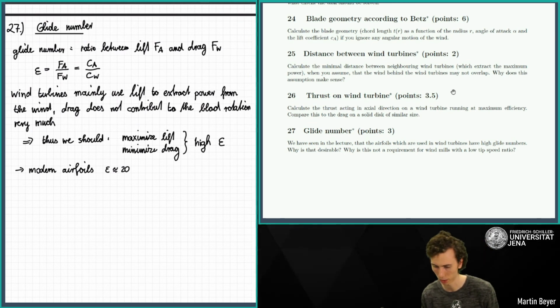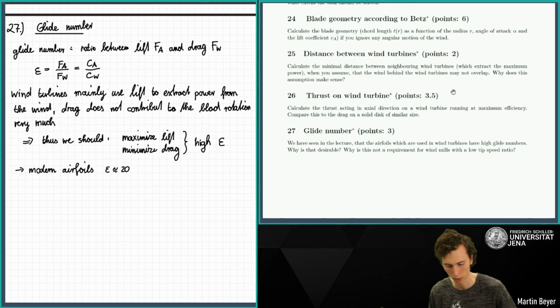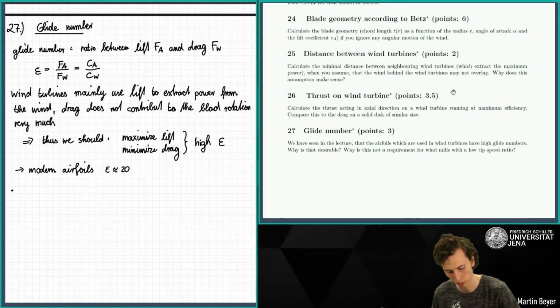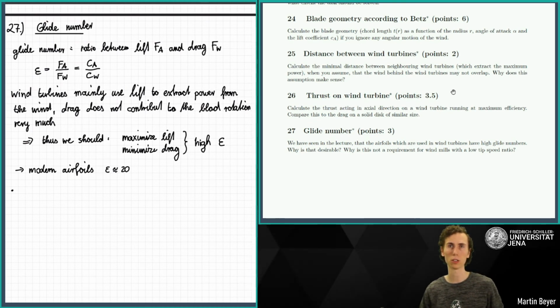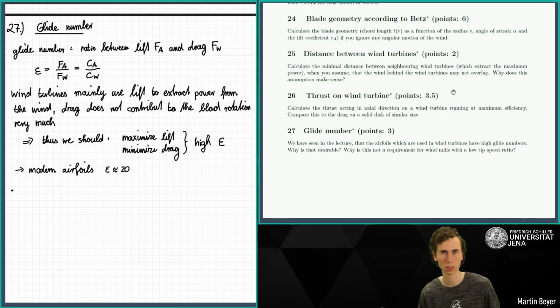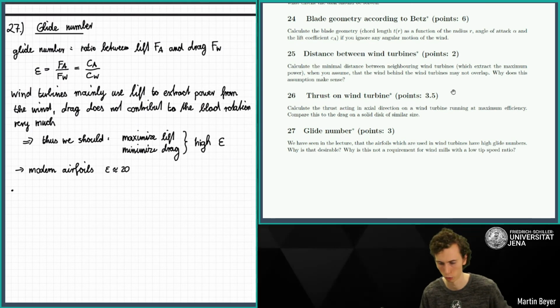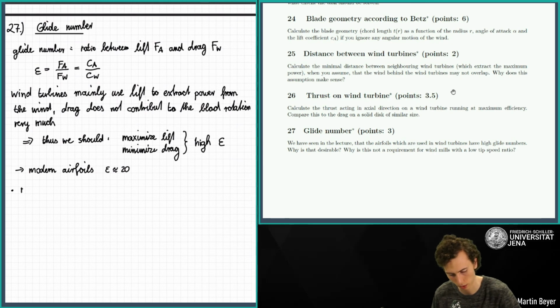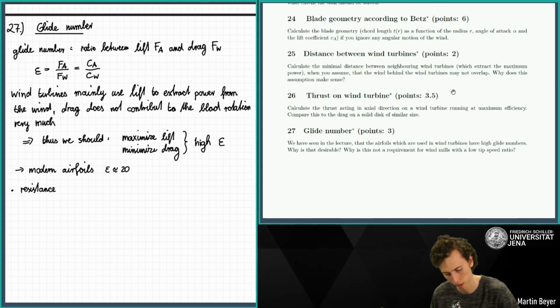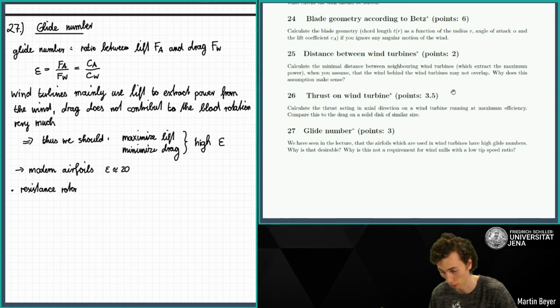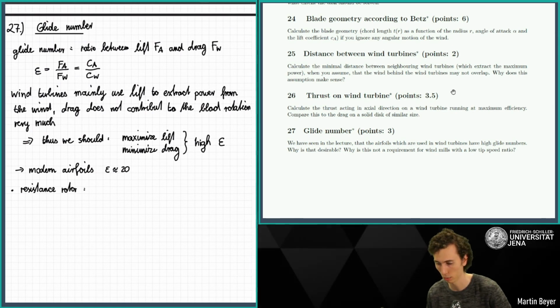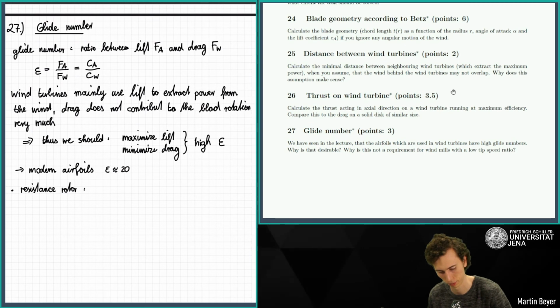And maybe bring forward another interesting argument. If we are using a wind turbine that is not using lift, this is actually called a resistance rotor. For a resistance rotor, the maximum drag coefficient, so CW max, that we can find is about 0.2.